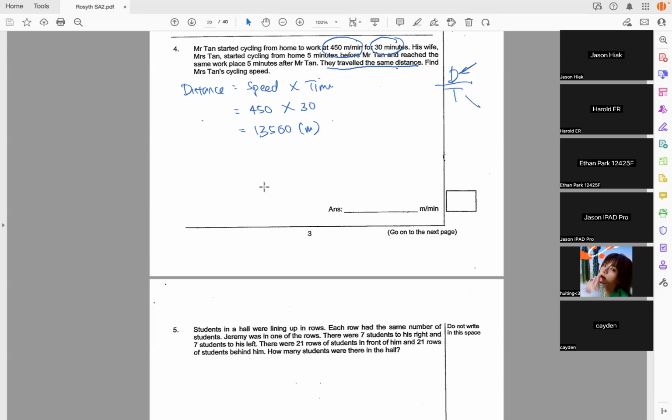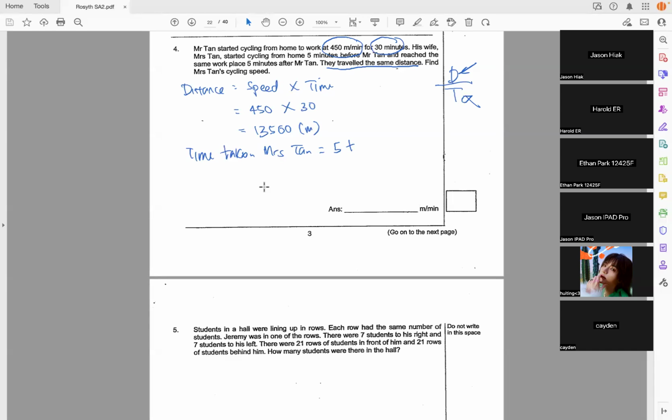Okay, now we know the distance. We need to know the time. The time taken by Mrs. Tan, we know that she traveled 5 minutes before Mr. Tan and reached the office 5 minutes later than Mr. Tan.